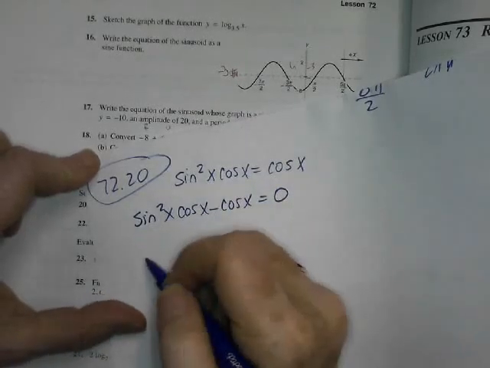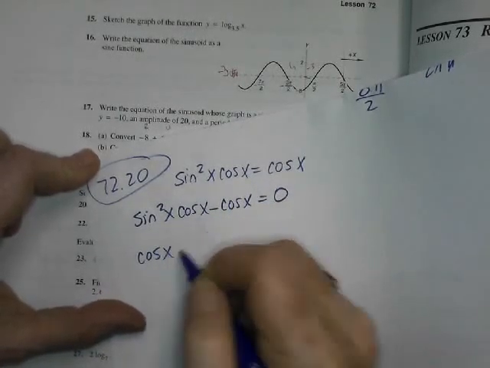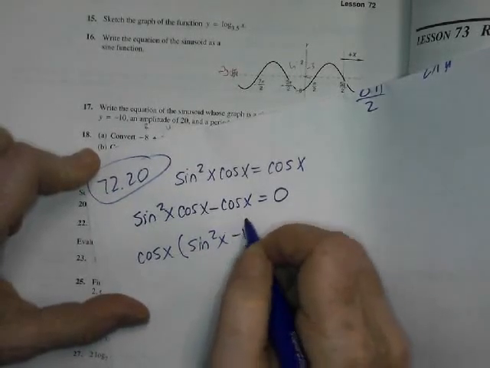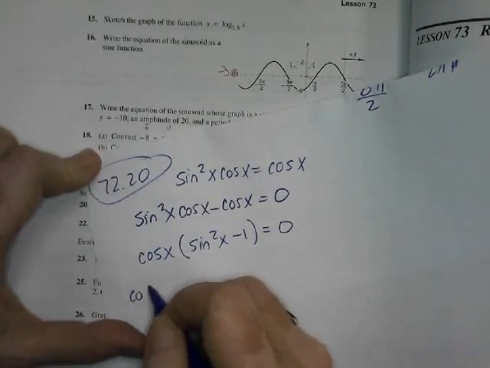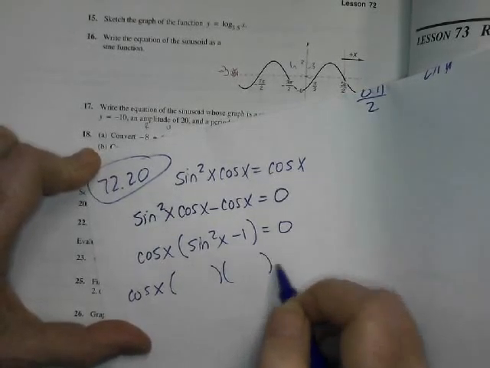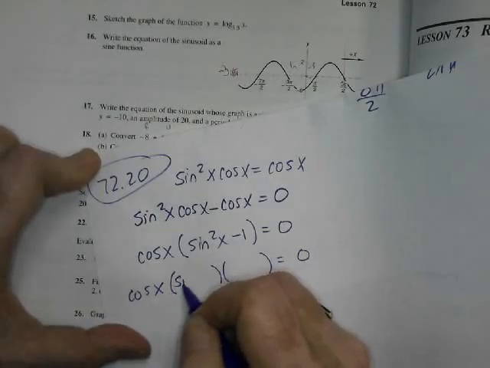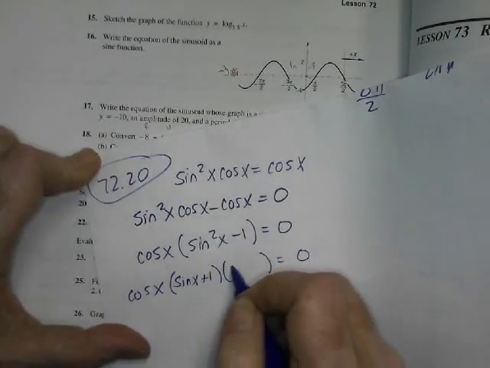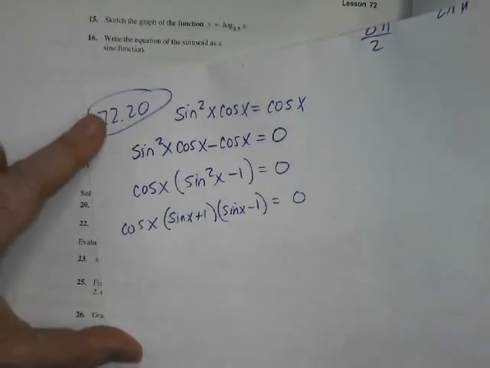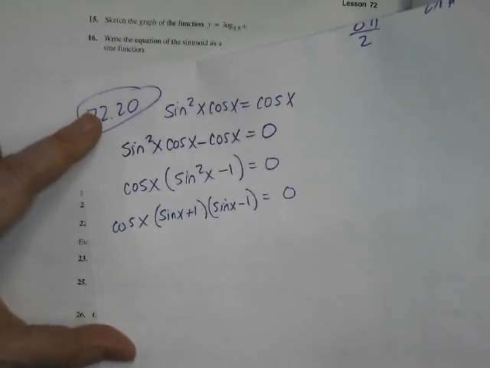So I can factor out cosine x, and then I get sine squared x minus 1 equals 0. That's actually a difference of squares, because I can rewrite that as sine x plus 1 and sine x minus 1. Then I can use the zero product property.